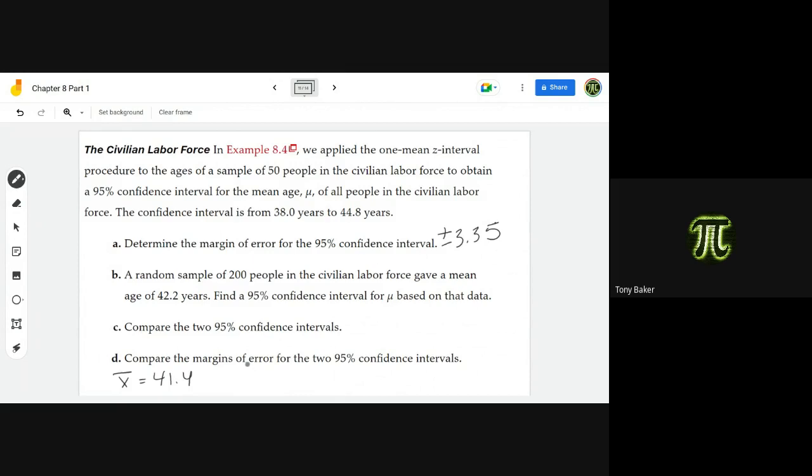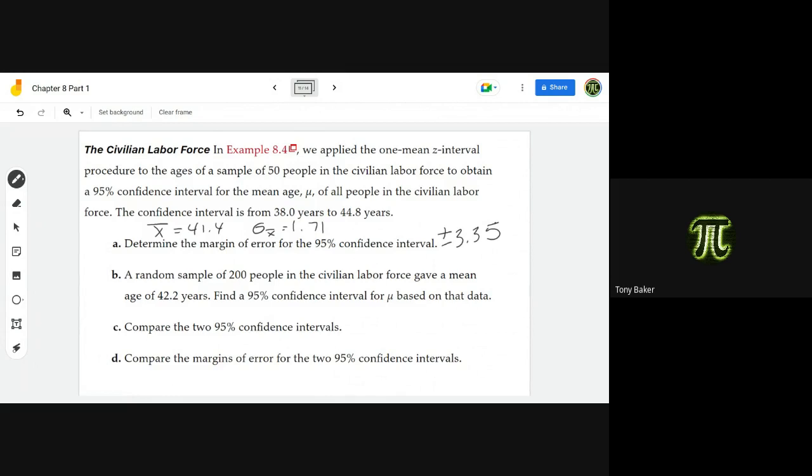They want you to do, actually, we don't have our mean changed for that one. So our mean for this one was 41.4, and my standard deviation was 1.71. They want you to do the same type of data, but this time they did a random sample of 200 people.